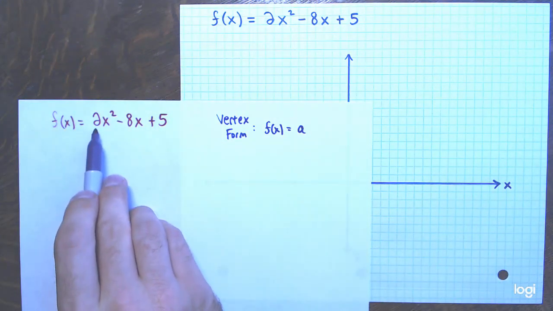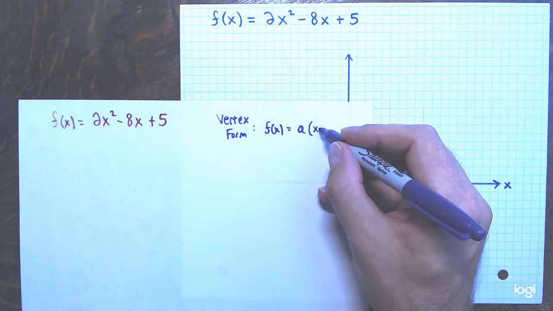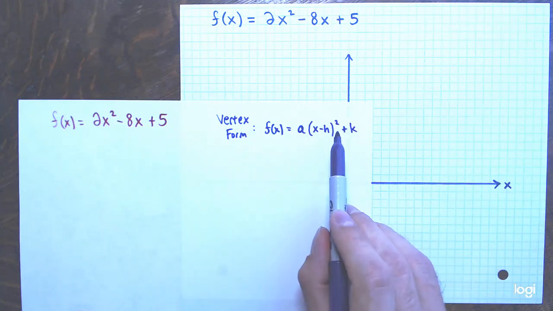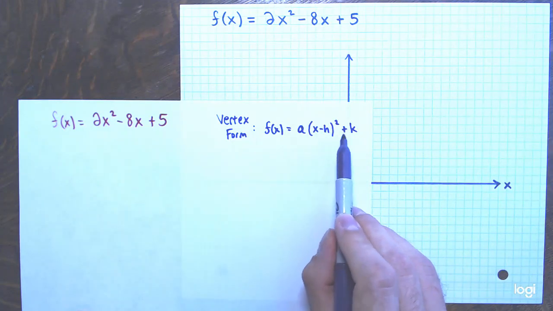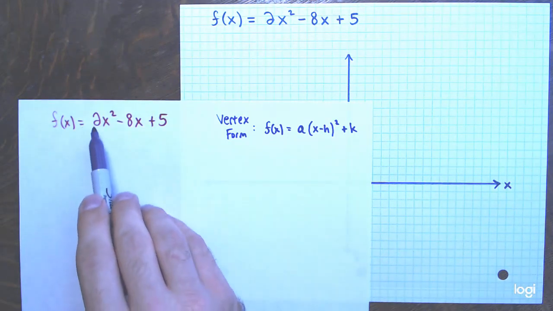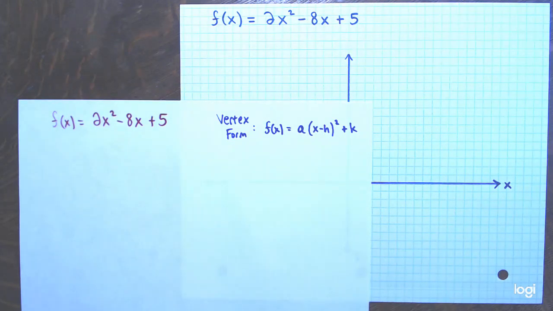So this is going to be a parabola opening up, times the quantity x minus h squared, and then plus some k, where the h and the k will give me the coordinates of the vertex of this parabola. All right. And this time, because the parabola is opening up, right, the vertex will be at the bottom of the parabola, not like the last example where it was at the top because it was opening down.